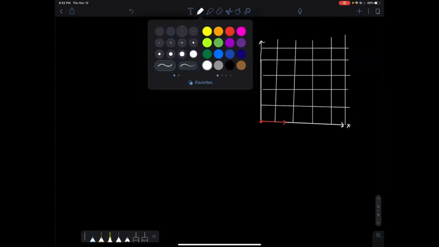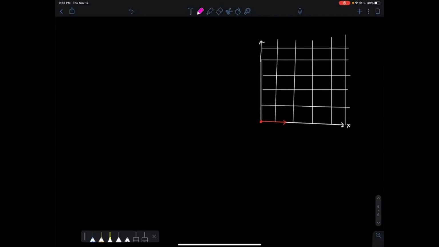Now let's draw the final position of the robot. Our final position is right here, facing upwards at pi over 2. Is it pi over 2 or negative pi over 2? Let me double check. It's pi over 2. You have to go through 2 points.